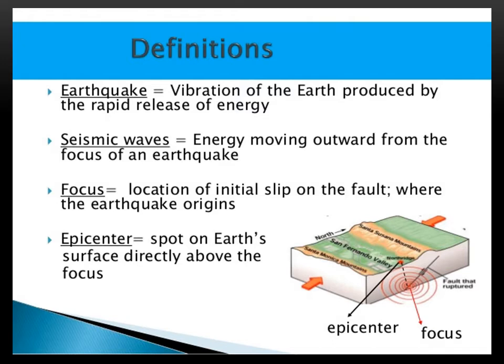So energy that is moving outward from the focus of an earthquake is seismic waves. The focus is the location of initial slip of the fault where the earthquake originates, exactly that point. And the epicenter is the spot on the surface of the Earth directly above the focus.